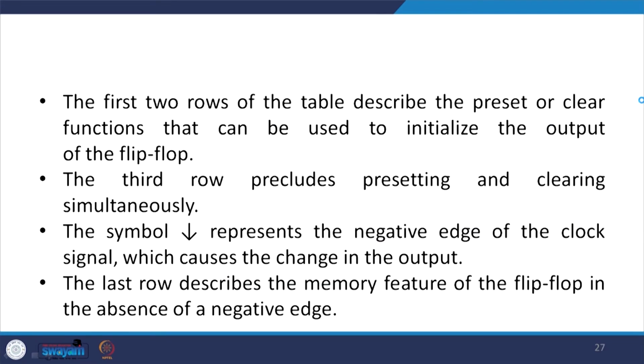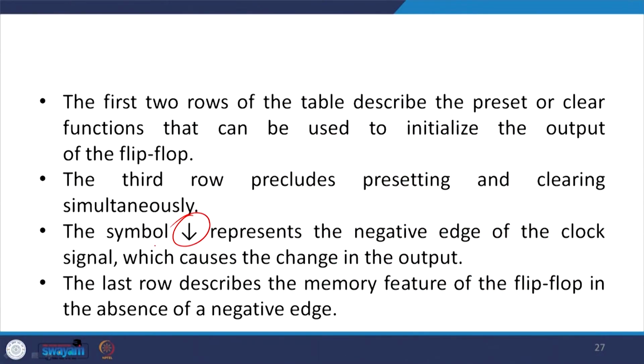The first 2 rows of the table describe the preset or clear function, that can be used to initialize the output of the flip flop, and the third row precludes presetting and clearing simultaneously. The down arrow represents the negative edge of the clock signal, which causes the change in the output. And the last row describes the memory feature of the flip flop in the absence of a negative edge.